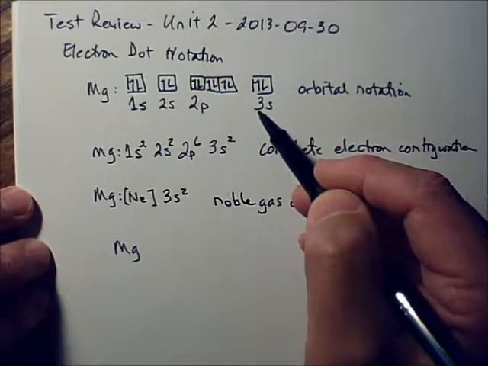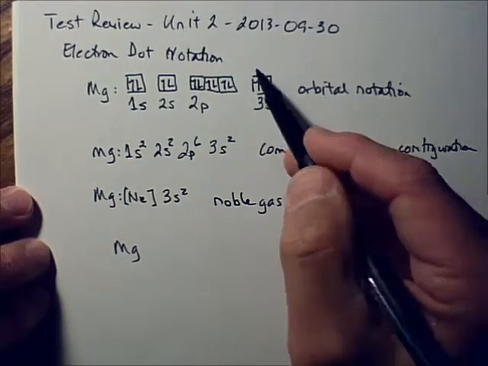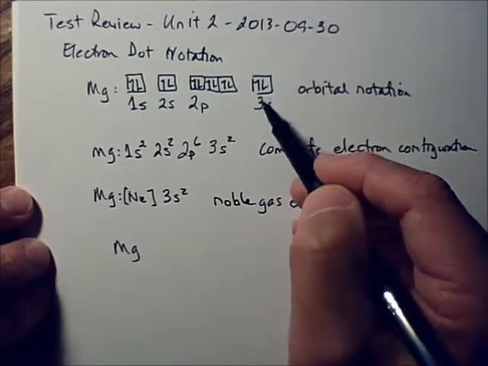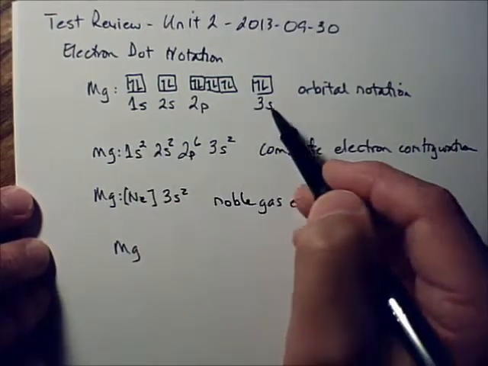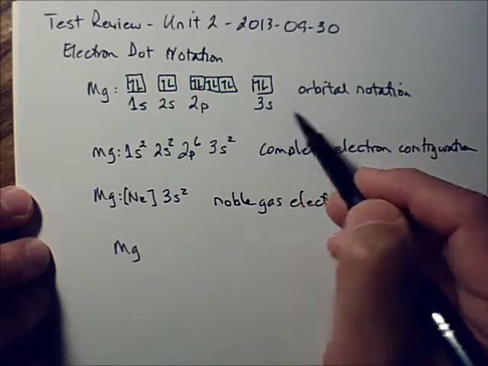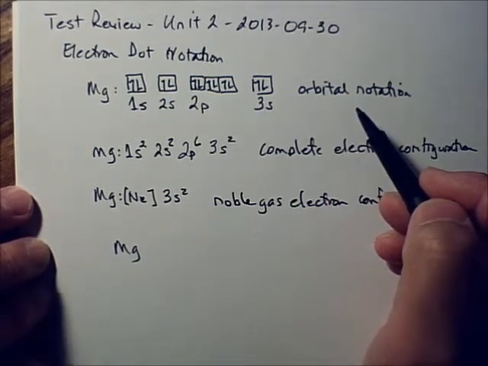So these big coefficient numbers tell you what the primary energy level is where those electrons are located. So right now, you only have an S sublevel. You could have a P sublevel, but magnesium only has an S sublevel in the primary energy level that's highest, and that's what we call the valence energy level. Okay?